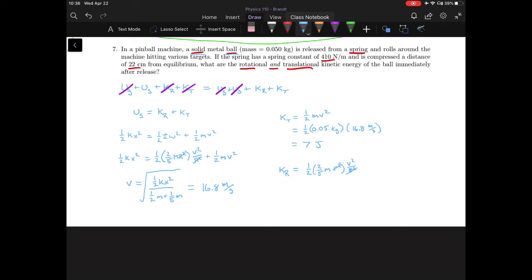Those r's go away, and so when we write this out, those 2's will actually also cancel on this. 1/5 mv squared, which is 1/5 times 0.05 kilograms times 16.8 meters per second, and all that winds up to be 2.84 joules. 7 joules and 2.84.